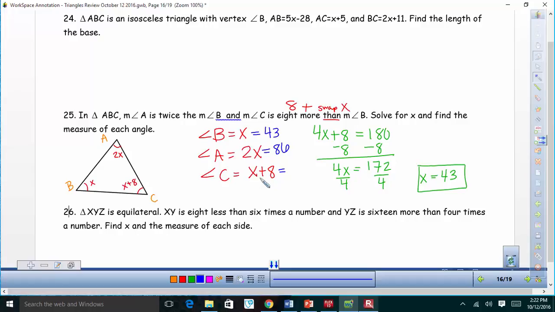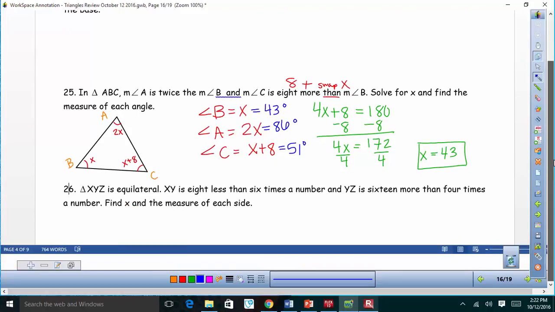And then for measure C, we would do 43 plus 8, which would give me 51. Okay? Are there questions about those? Okay.